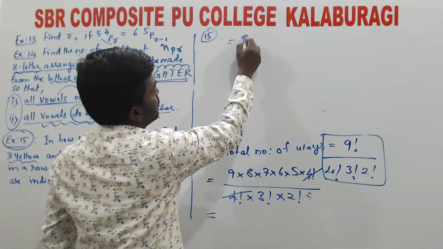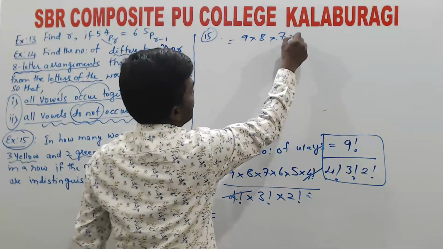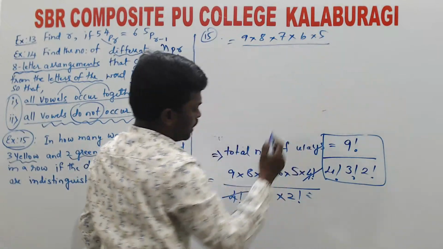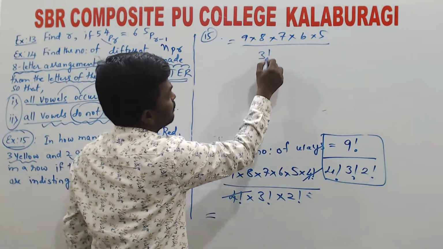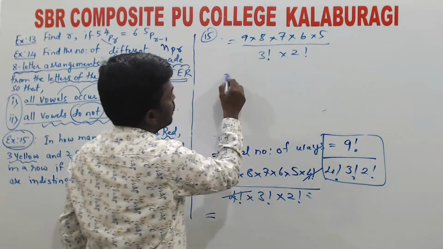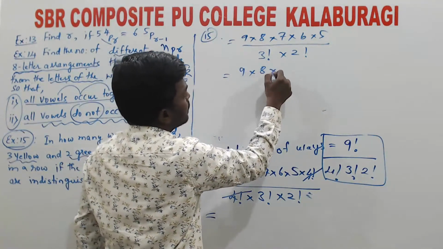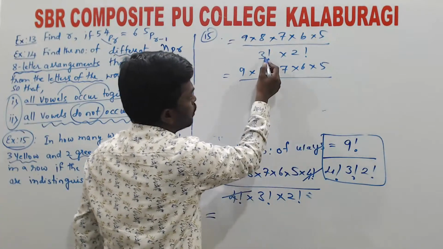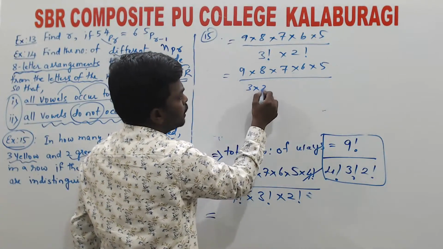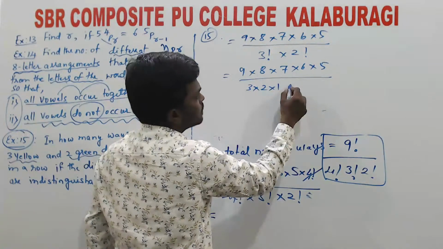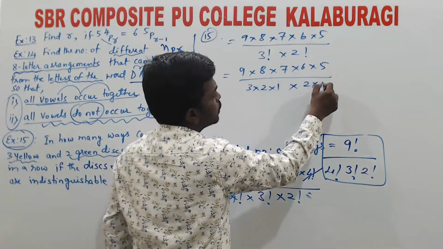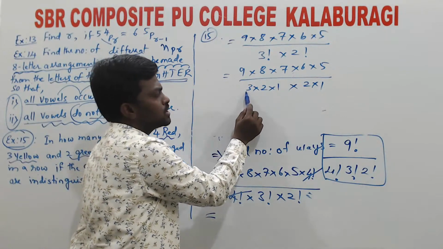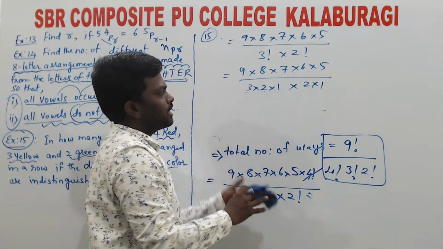So what are we left with? 9, 8, 7, 6, 5 whole divided by 3 factorial into 2 factorial. What is 3 factorial? 3 into 2 into 1. Yes, students. Into 2 factorial, 2 into 1. So this is nothing but 3 twos are 6, 6 into 1, 6.